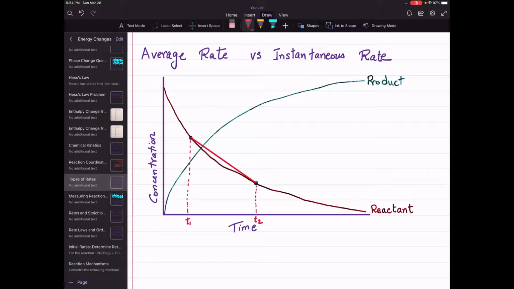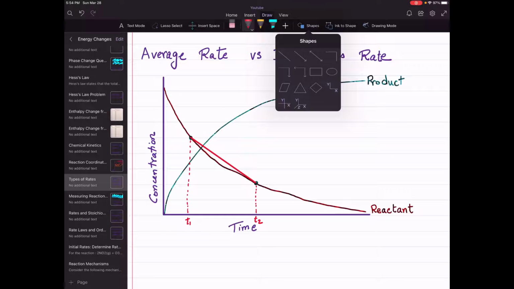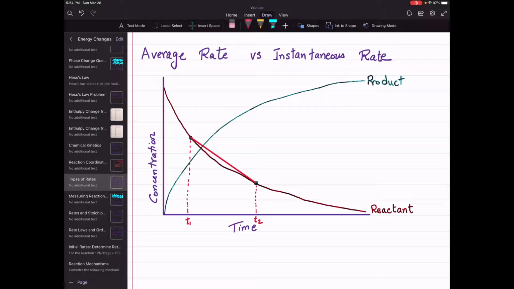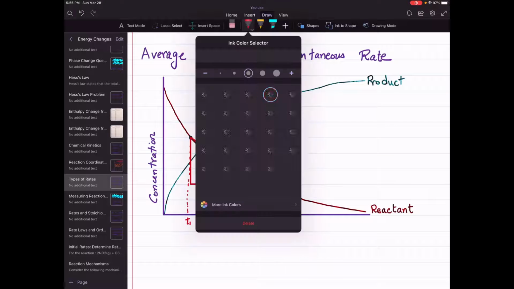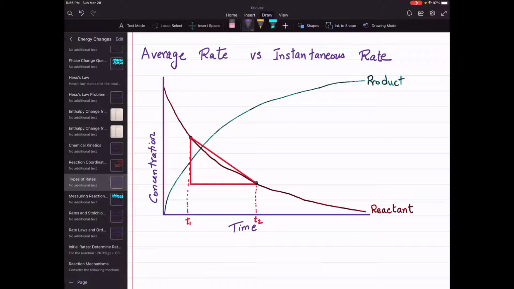Initially, at the initial time, it was high, and afterwards it was lower. Makes sense, it's a reactant. How much was the change? Well, let's see. I can draw the line for that here as well. Okay, and if you remember from your math class, you have rise over run. This is the change in concentration here. The change in concentration, which is y2 minus y1 over x2 minus x1, right?